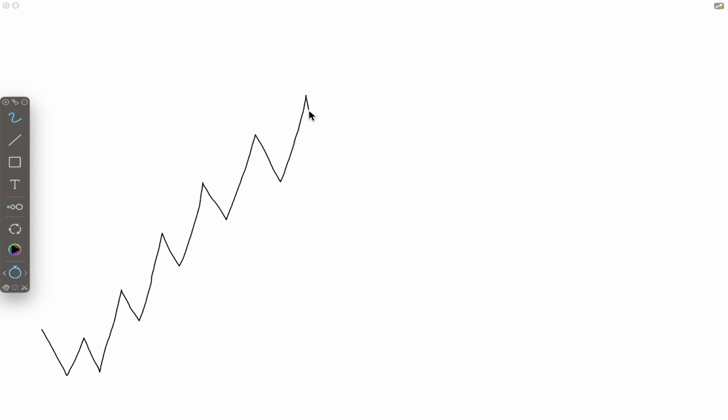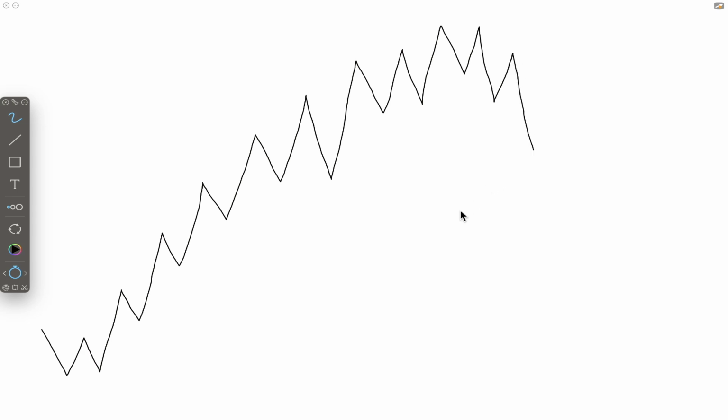Sometimes it can even come back to test the low and go up and do that exact same thing until it gets to a point where it has decided that now it actually wants to move in a different direction. I'm sure you have seen this countless times.